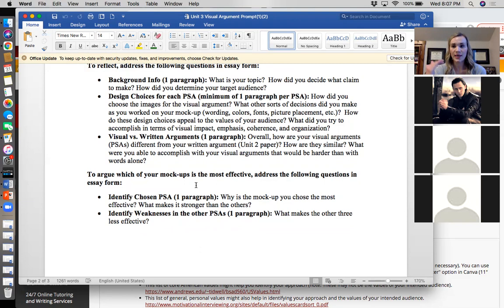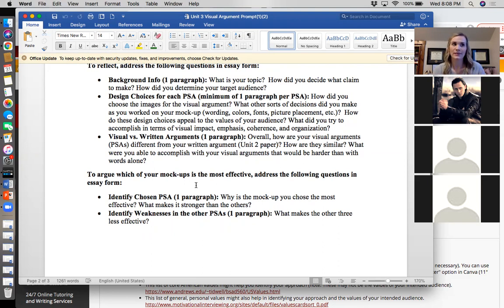Okay. Once you take us through each PSA, so you should have 4 paragraphs on that, you will write a paragraph discussing the difference between your visual arguments, which are your PSAs, and your written arguments, which is your Unit 2 essay, right? How are these different or the same from each other? Like in what ways are you communicating differently in your visual arguments versus your written arguments, right?